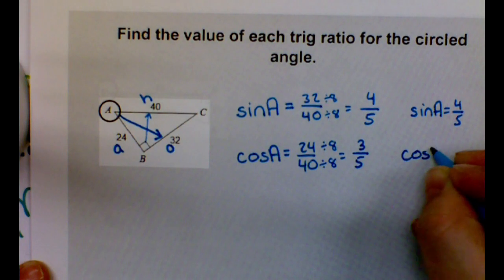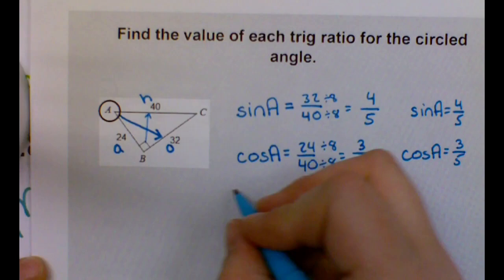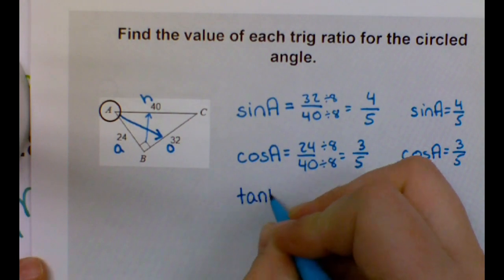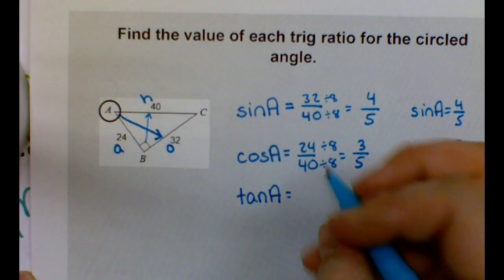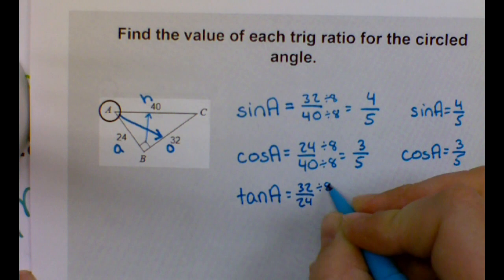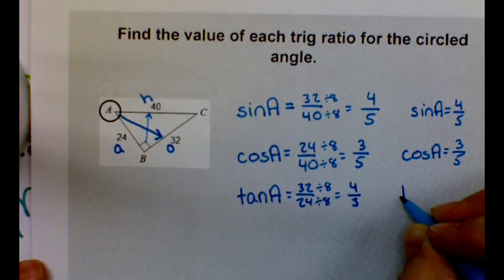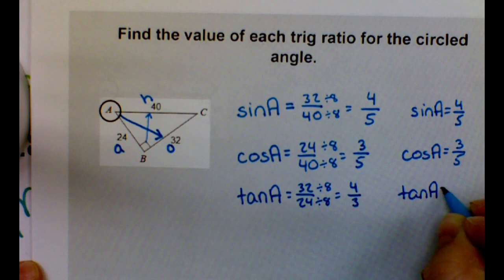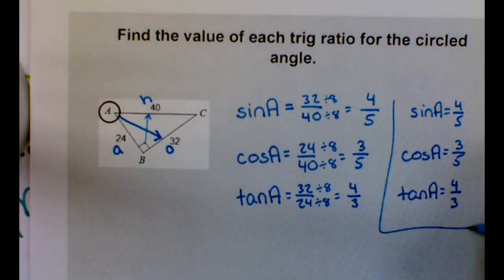So if I write it a little more neatly, the cosine of A is 3 over 5. And tangent of angle A, tangent is opposite over adjacent, so 32 over 24. Divide both of those by 8. Leaves me with 4 over 3. So the tangent of angle A is 4 over 3. And there are my answers.